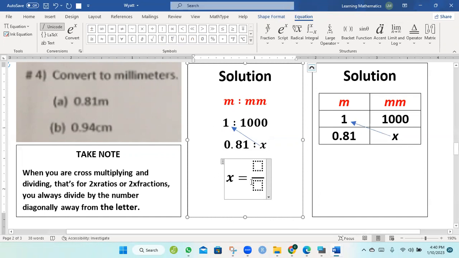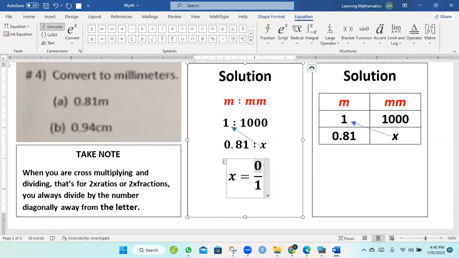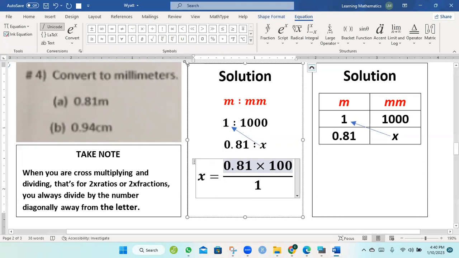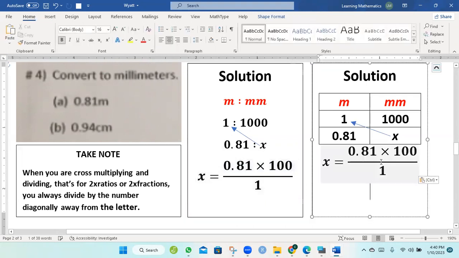So you divide by 1, and we multiply 0.81 times 1,000. The same goes here, even though that's how we set it up. We divide by 1 and we multiply 0.81 by 1,000, and that will give us the value of X. So please copy this down.